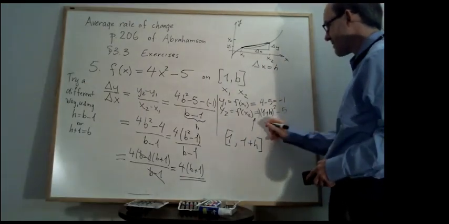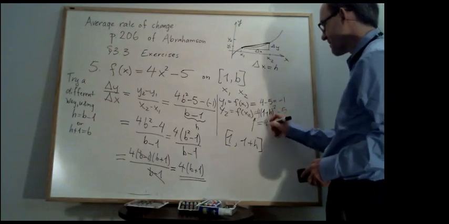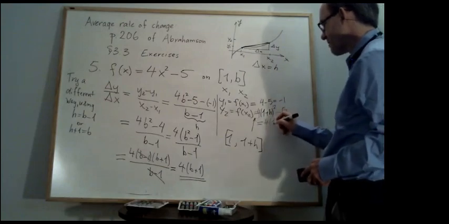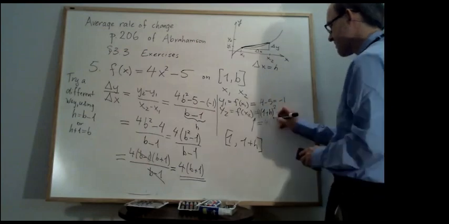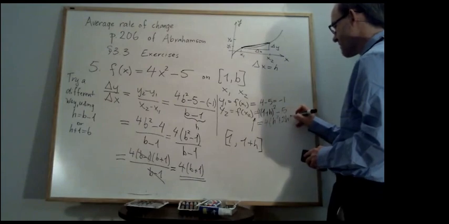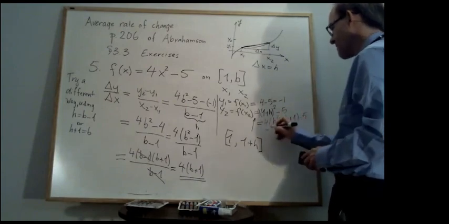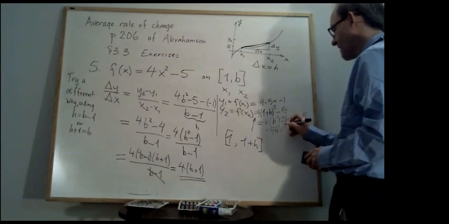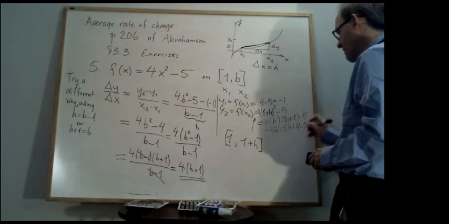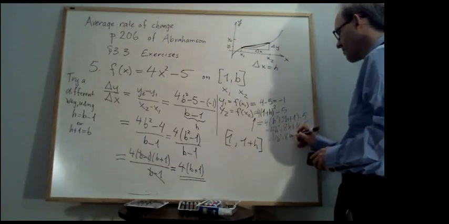Now a lot of the work will come into just evaluating this. 4 times h squared plus 2h plus 1, minus 5. So then we get 4h squared plus 8h plus 4 minus 5, which is 4h squared plus 8h minus 1.